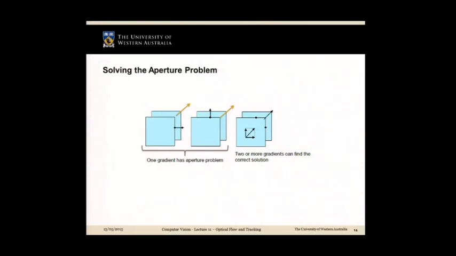If you have just one direction, one pixel, and the image is moving in this direction, you will perceive it as moving to the right. Similarly, in this case, your visual system will process it as if this pixel is moving in the upward direction. Now, if we have two or more gradients, we can find the right solution. If you solve for these two pixels, this will be your final direction, which is exactly in the direction of this arrow, the actual direction of motion.